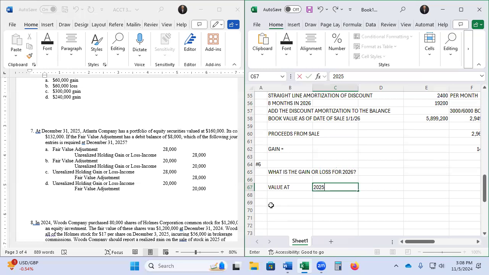So the value at 2025 was 1,200,000. The value at the end of 2026, supposed to be 12/31, is 1,140,000.